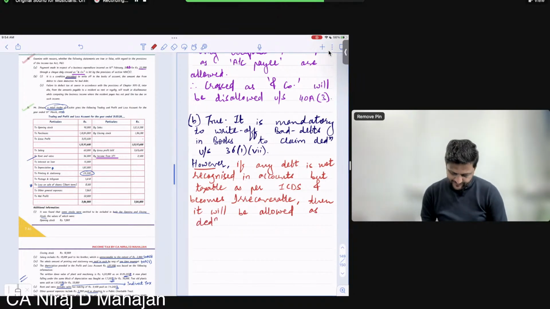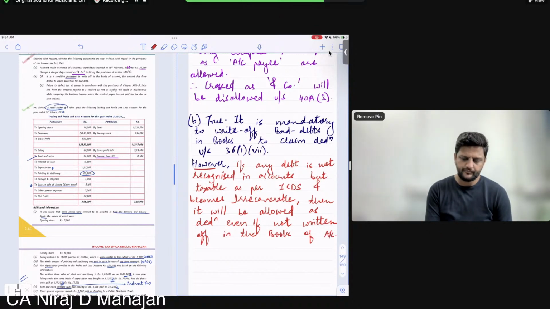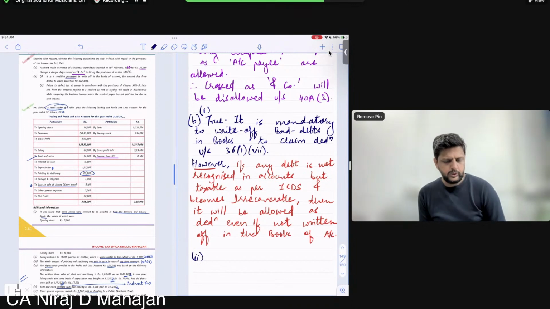It will be allowed as deduction even if not written off in the books of account. Everyone okay till here? Until here.